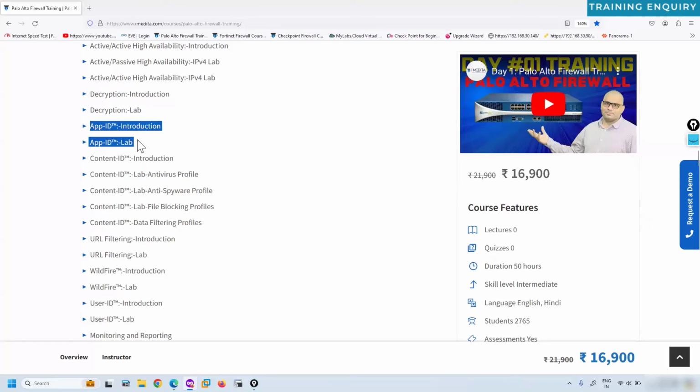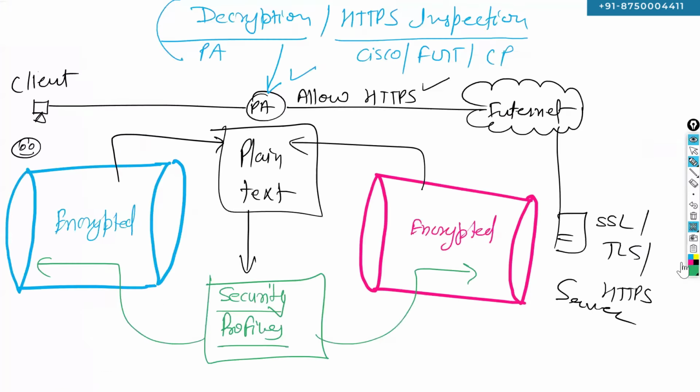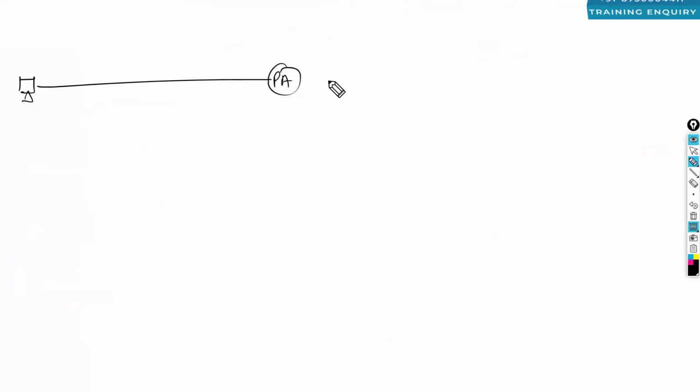Next, we have App-ID. So what is this App-ID? Let's discuss here. We have a scenario just like the previous one. We have a PC connected with Palo Alto. Palo Alto is connected with the internet.